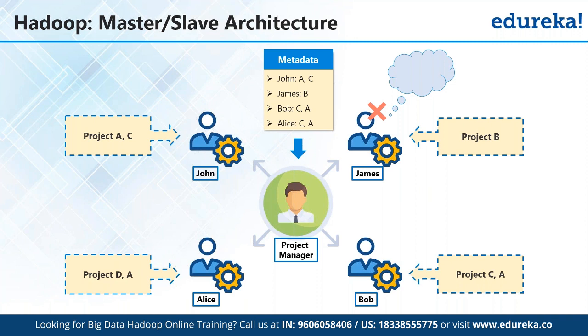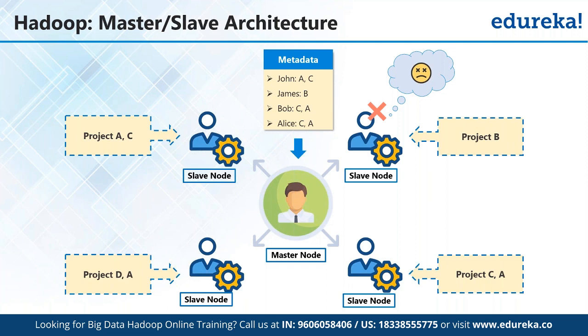It has been assigned to one more person, not only one team member. Somebody else is also working on the same. But in the case of project B, if James is not able to work any longer, then your project fails, because there is no backup for project B.